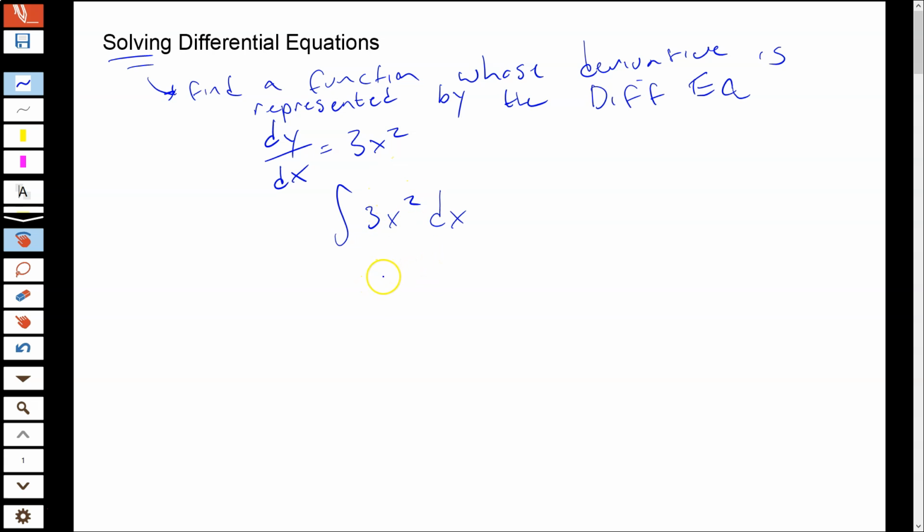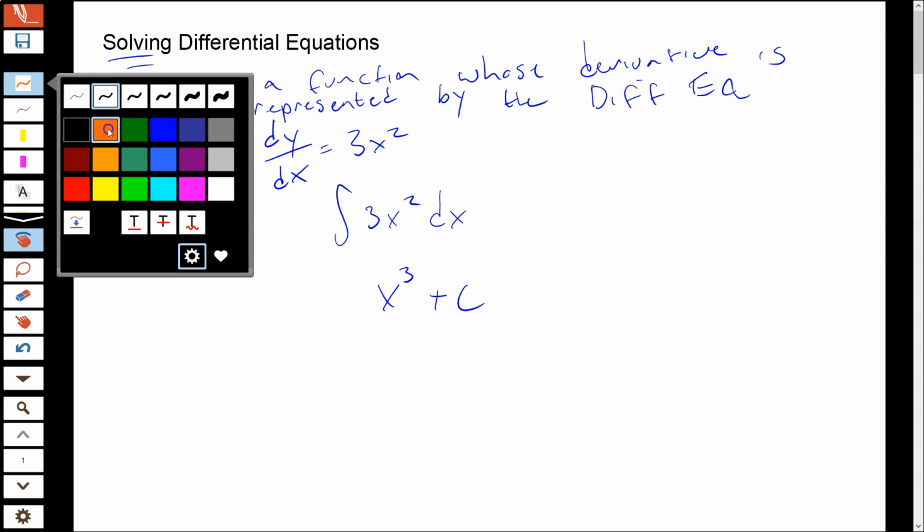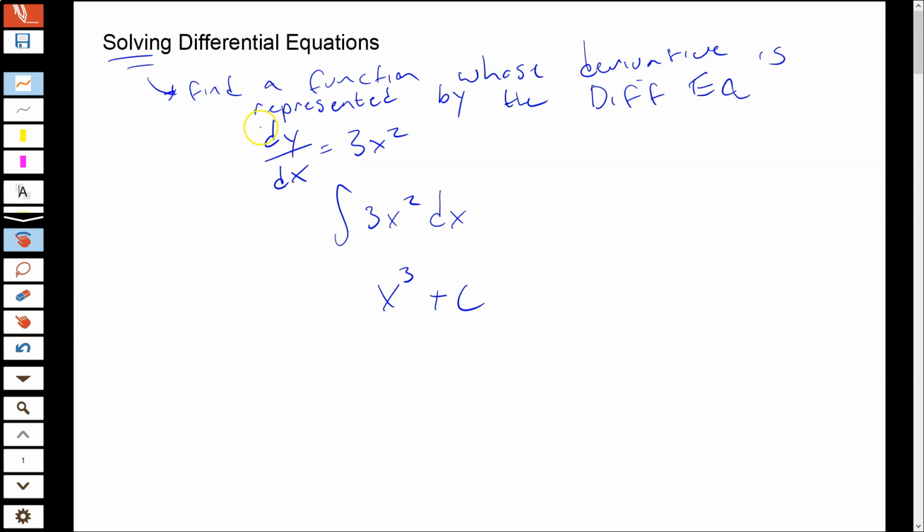And then we will say this is x to the third, and we're going to double check that this is the correct integral by taking the derivative, and the derivative of x to the third is 3x squared. You know how to do that at this point in your math career. We'll say plus c, because there's actually many solutions to this particular integral. So this solution to this integral is also the solution to this differential equation.